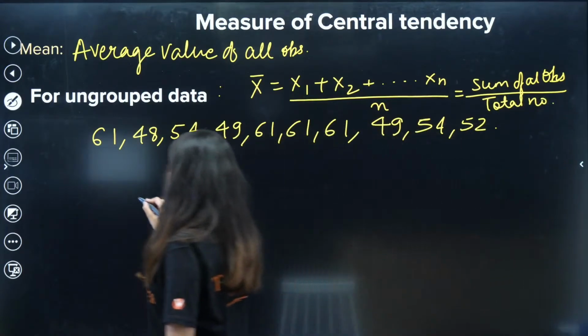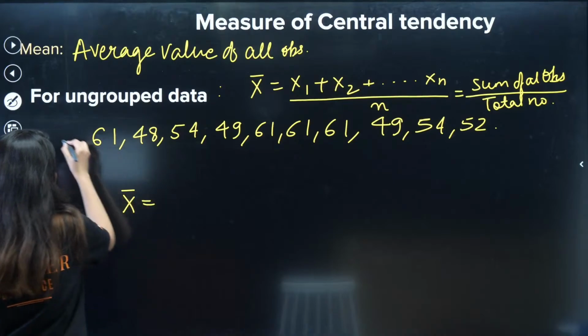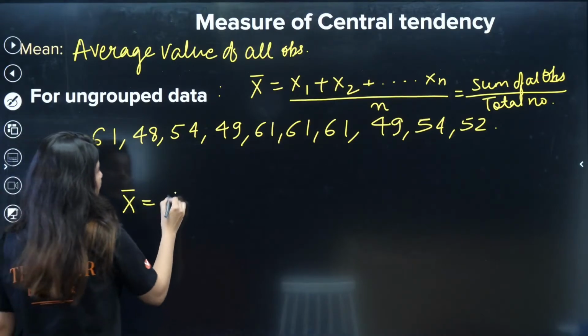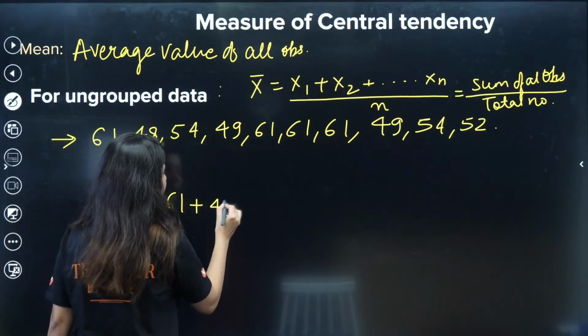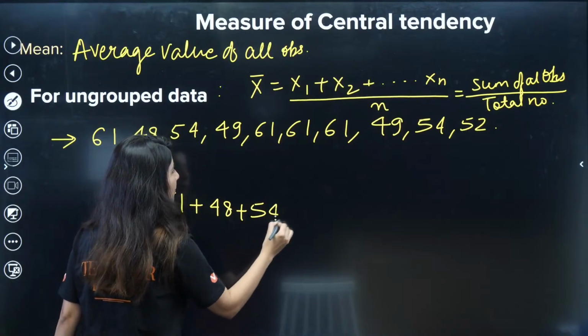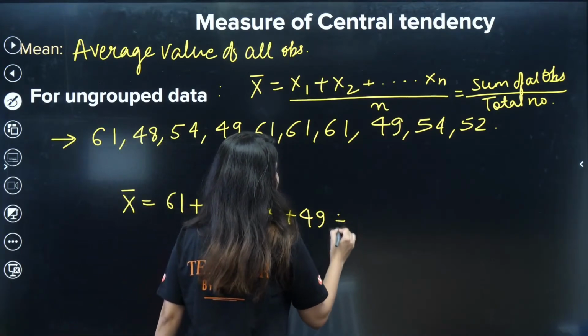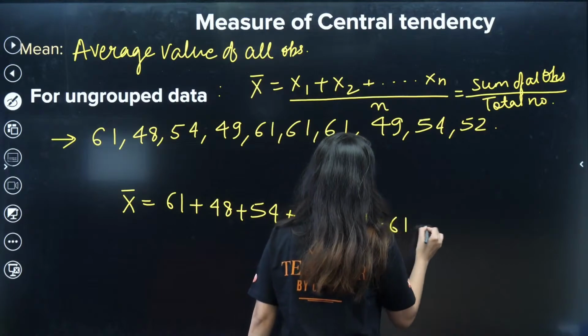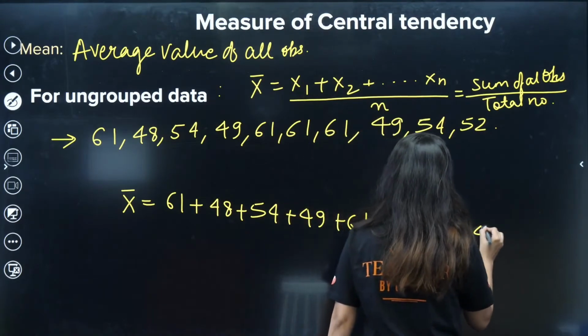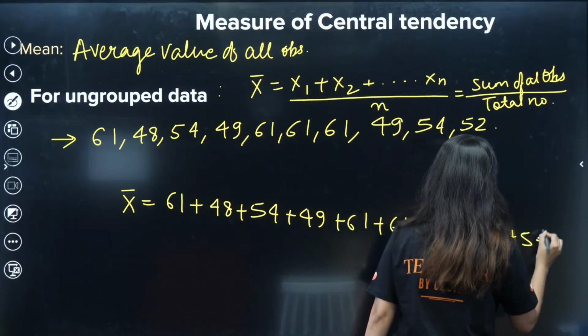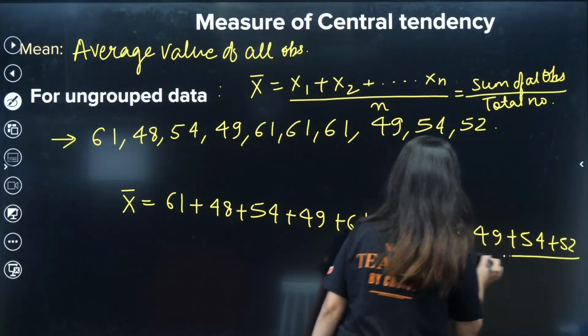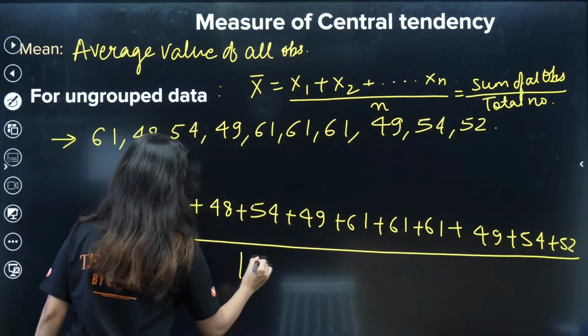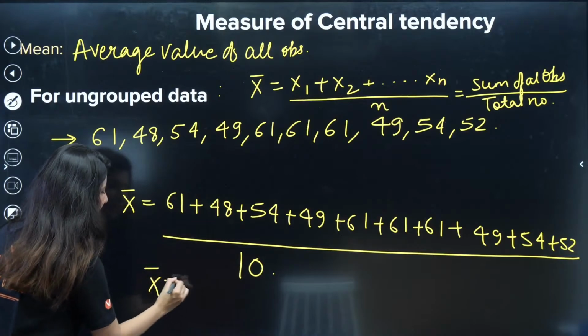To calculate the mean in this example, it would be 61 plus 48 plus 54 plus 49 plus 61 plus 61 plus 61 plus 49 plus 54 plus 52, whole upon 10. Calculate the mean.